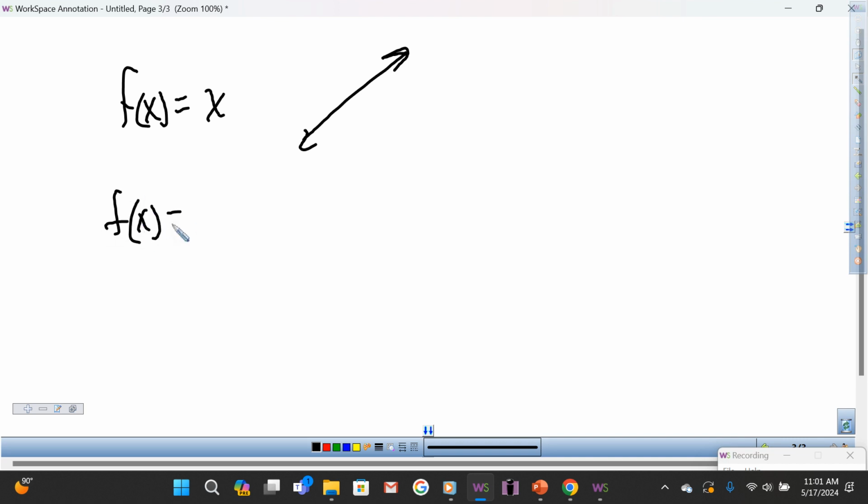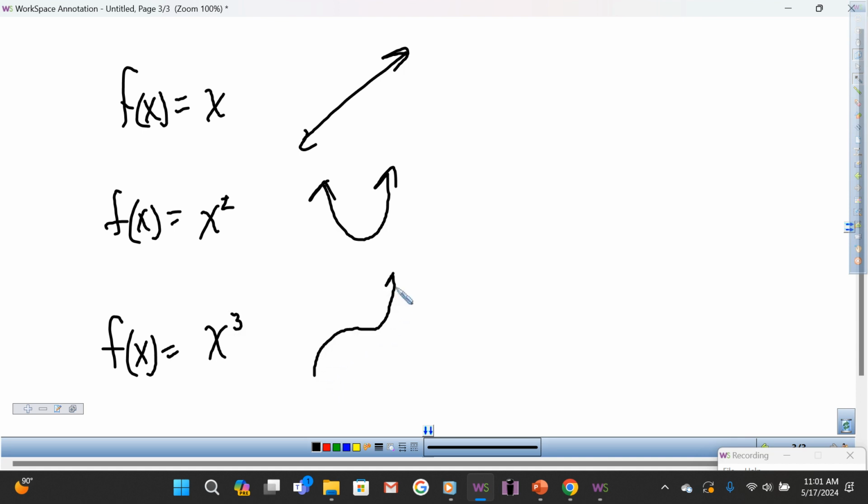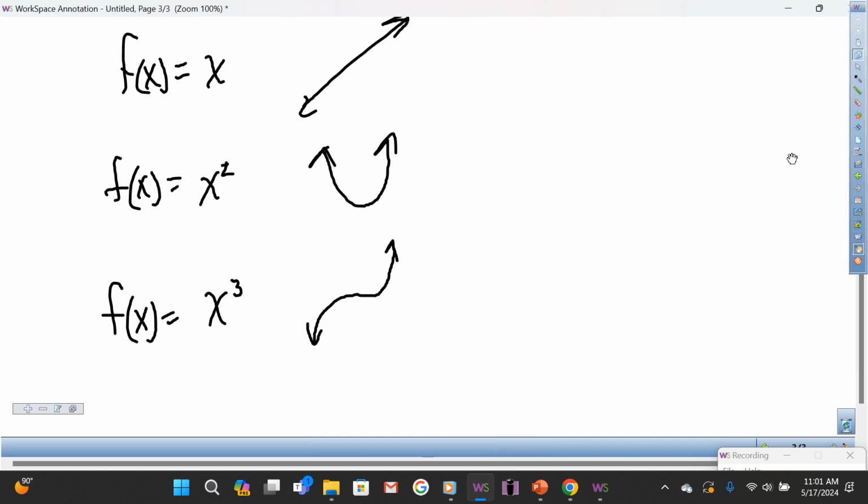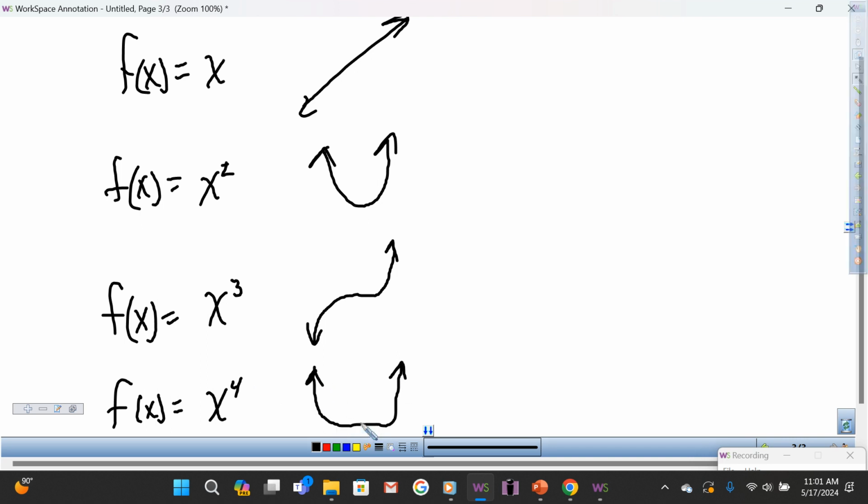Then we went to x squared, then f of x equals x cubed. And from there, I showed you f of x equals x to the fourth. That looks something like this, with stuff in between.